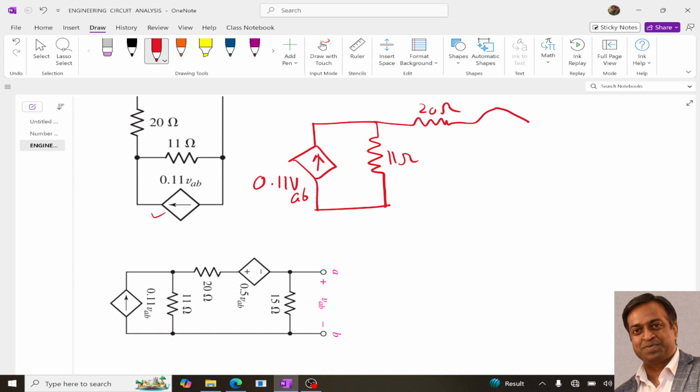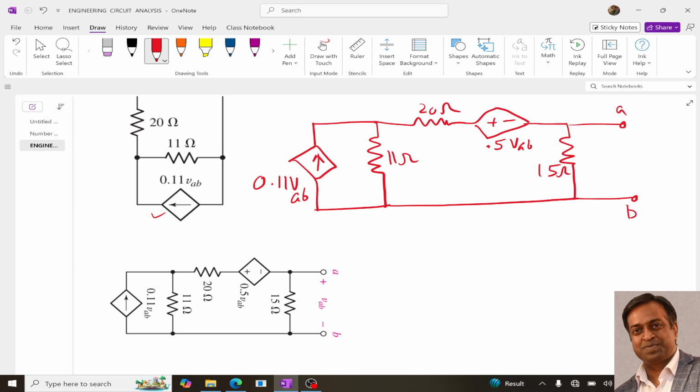Then we have this dependent voltage source, the value is 0.5 VAB, right? And then we have the resistance 15 ohm, and then it is the AB terminal, right? Across the AB terminal we need to put a current source, so I put a current source of 1 ampere. And now over here we need to determine this VAB, right?